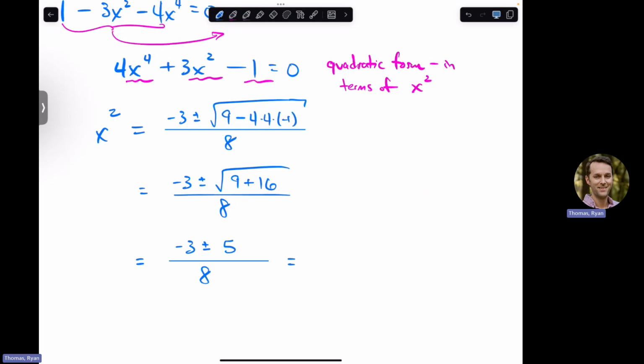Okay, so we get negative 3 plus 5, or negative 3 minus 5. And those reduce to 1 over 4 and negative 1.